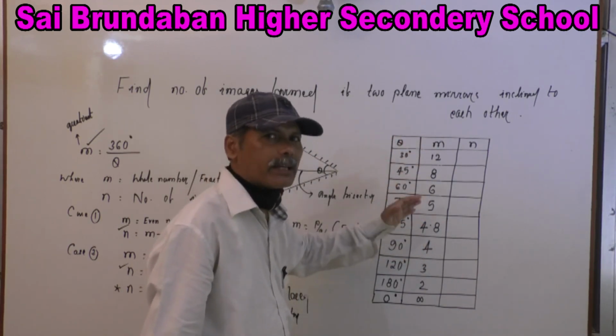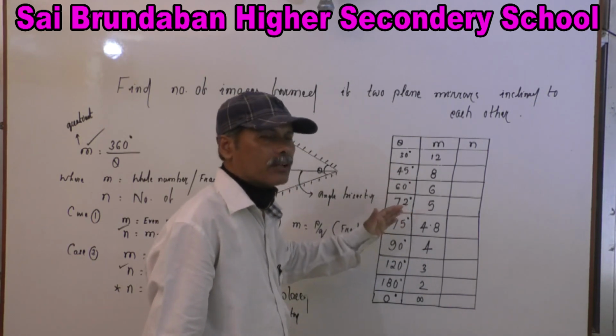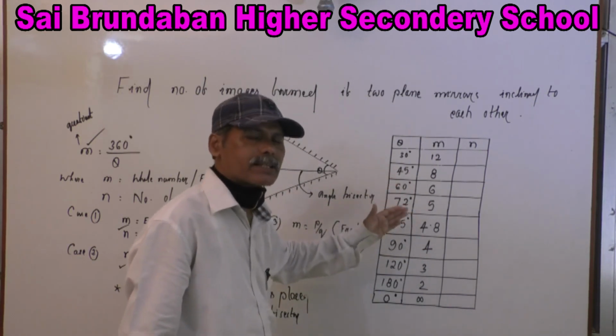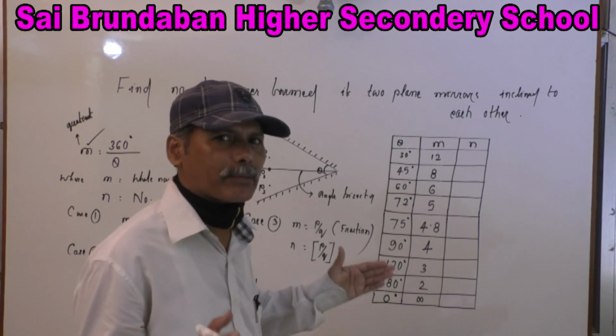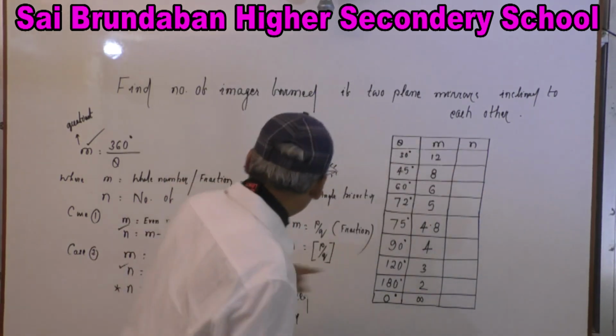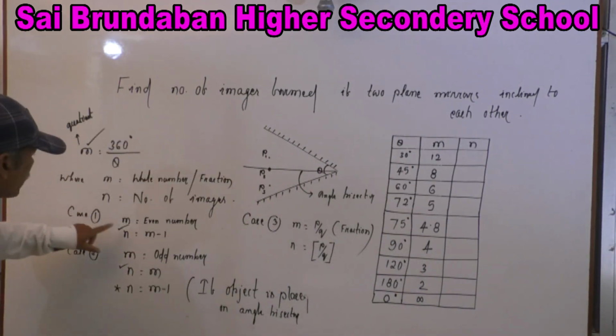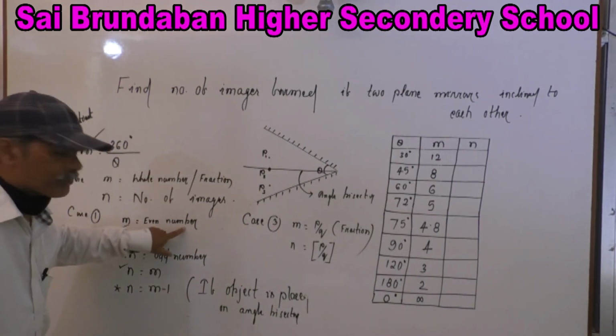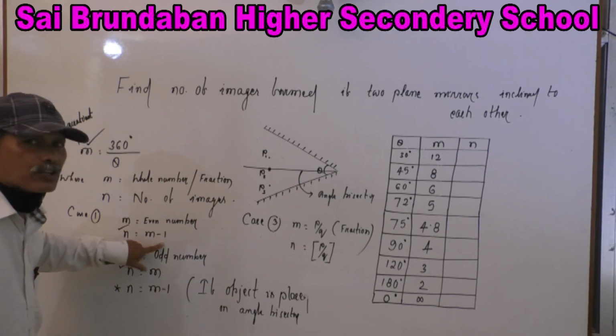How many images will be formed if an object is placed between two inclined plane mirrors at an angle theta? Case 1: if M is an even number, then N is equal to M minus 1.